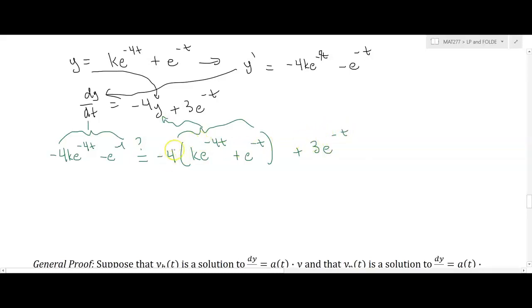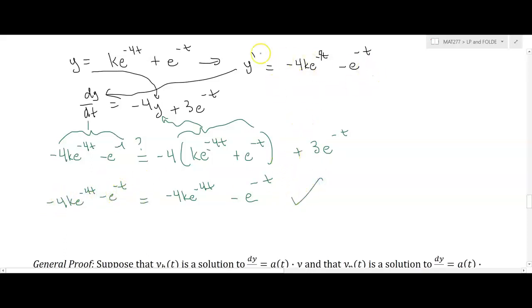So first of all, I'm going to see that when I distribute this, here I'll get negative 4k e to the negative 4t. Now when I distribute it here, I'll get negative 4e to the negative t, but then I'm going to be adding positive 3e to the negative t to it, so this will leave me with negative e to the negative t, and check it out. The two sides are, in fact, equal to each other.